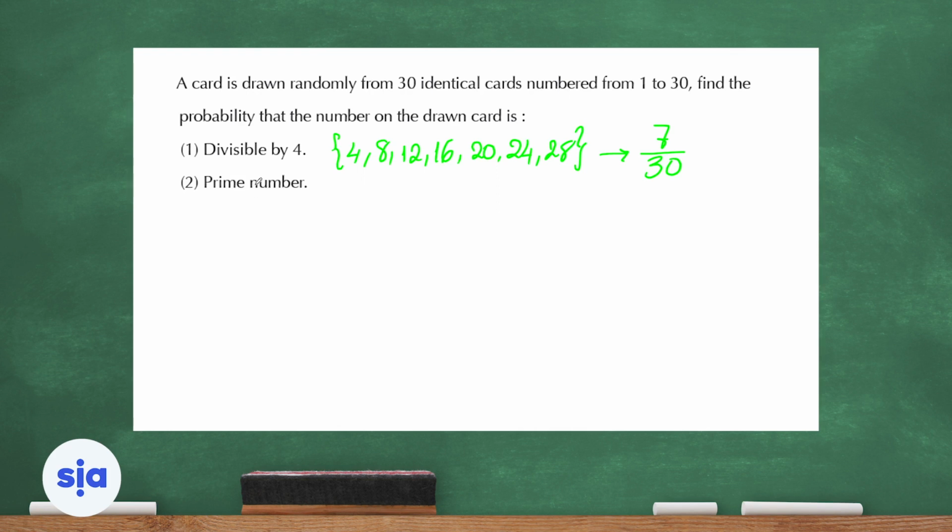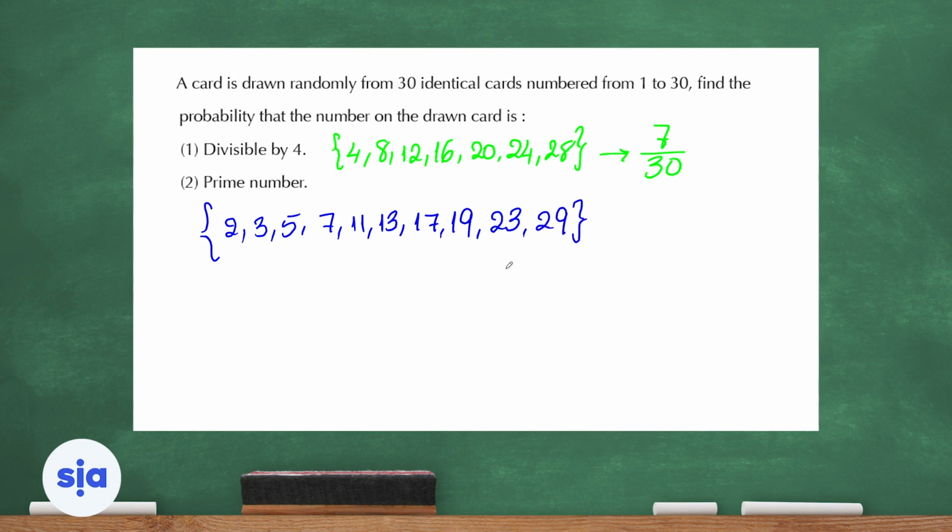In the second question, the question is asking us to find the probability of getting a number which is a prime number. Let's try to find the prime numbers from 1 until 30. Remember, 1 is not a prime number. So 2, 3, 5, 7, 11, 13, 17, 19, 23, and 29.